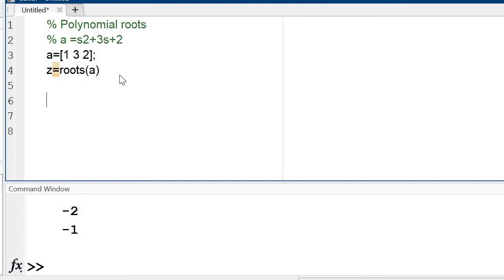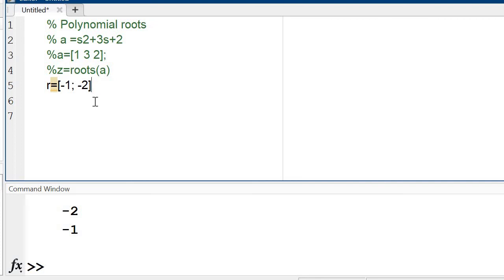Now what I want is the reverse process. It means I have the roots. Now I am typing percentage percentage. I know the roots, that is -1 and -2. This is our roots. -1 semicolon -2, again bracket start -1 semicolon -2 bracket close.